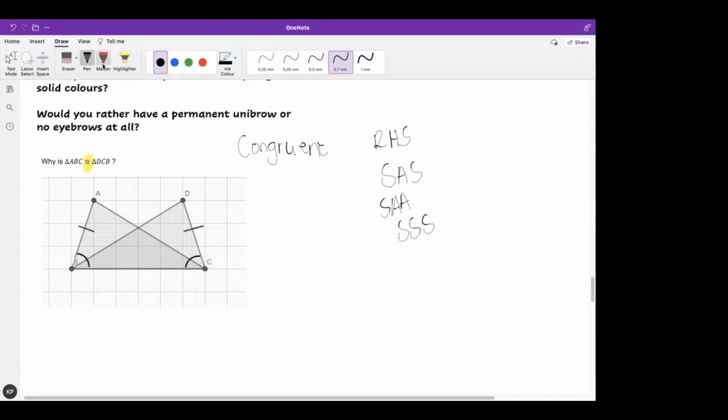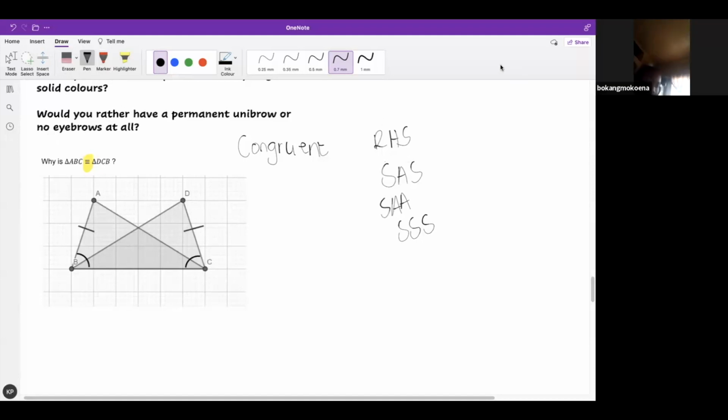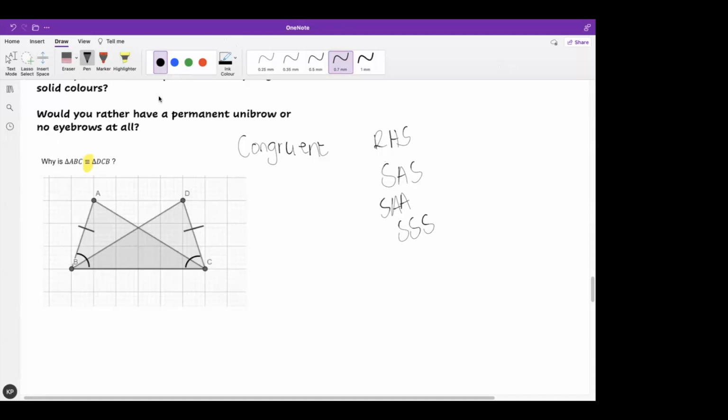There we go. Now, guys, let's look at our triangle, okay? Do we have a right angle? No, we don't.